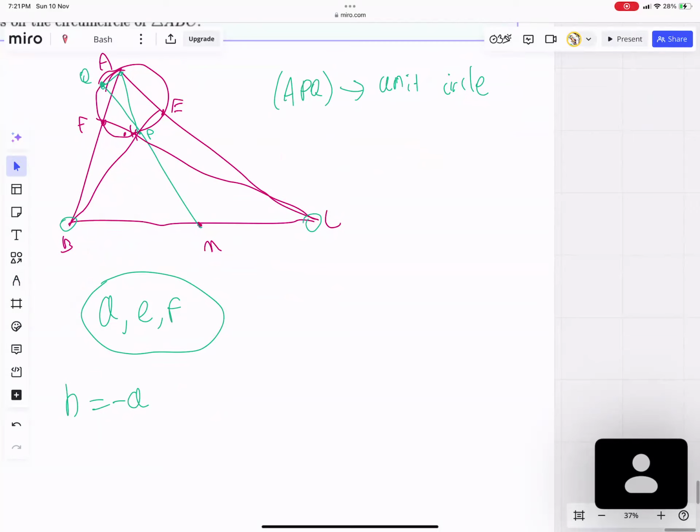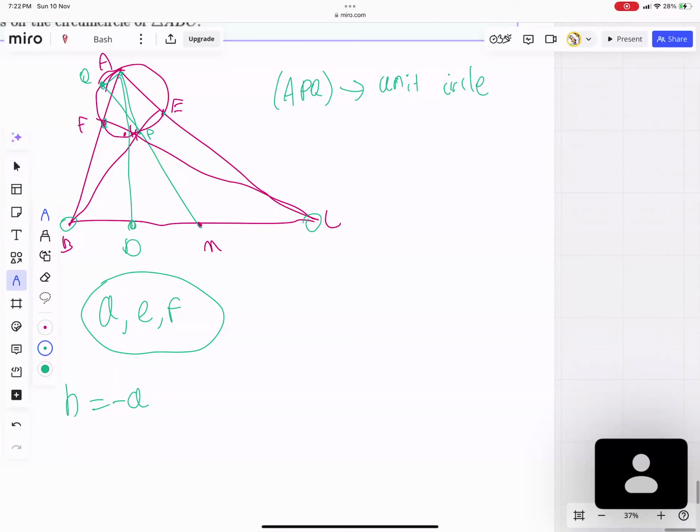So try thinking of a way to find M with as few formulas and calculations as possible. What synthetic properties do we know about M in this configuration? Maybe we can use the fact that if we let D, the foot of the altitude from A, then D, E, F, M are concyclic. So you're saying that D, E, F, M is concyclic.